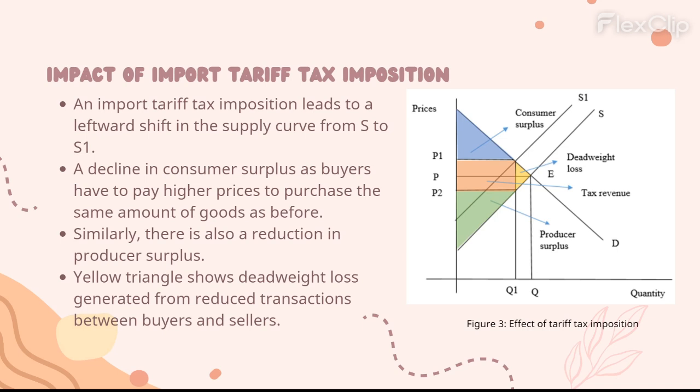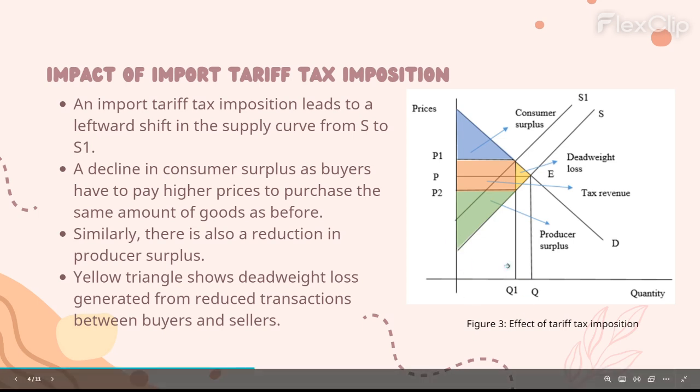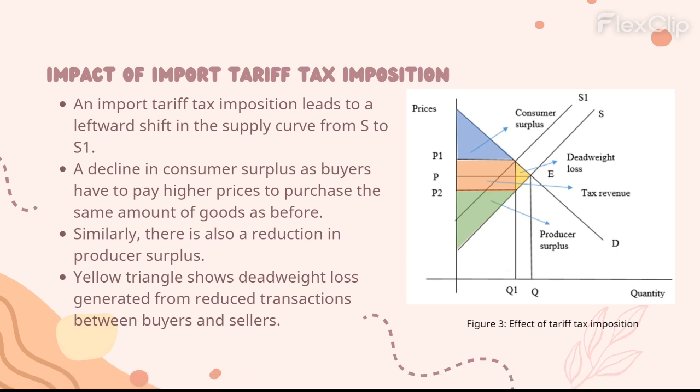This is because of the hike in the price of goods, causing a change in price to P1 along with a reduction in quantity to Q1. Thus, the blue area is the consumer surplus. The green area shows the producer surplus. The yellow triangle highlights the deadweight loss, and the red rectangle depicts the tax revenue.